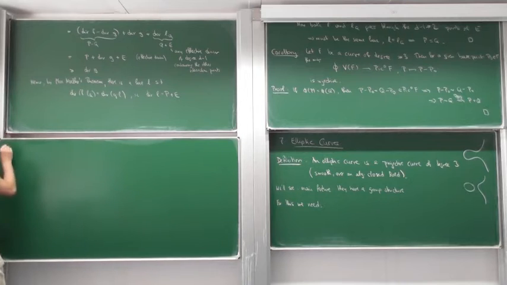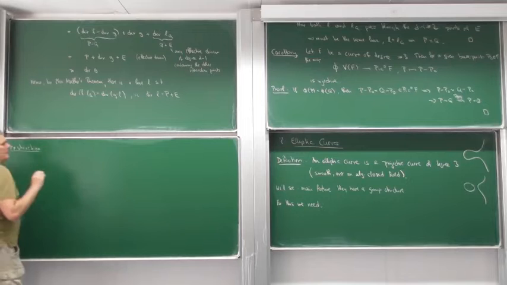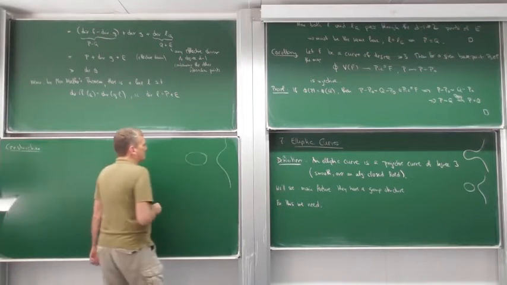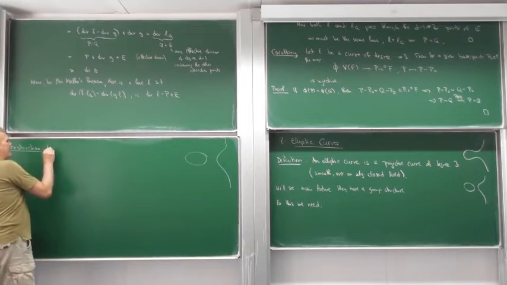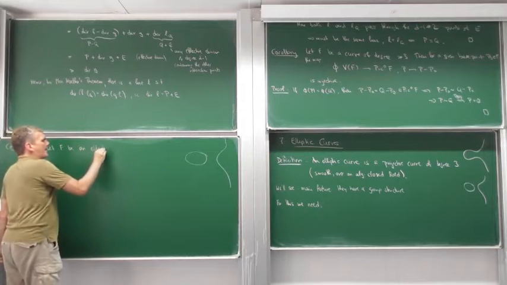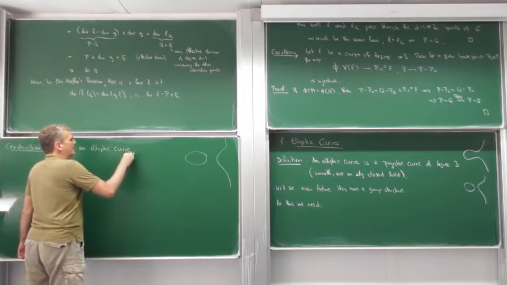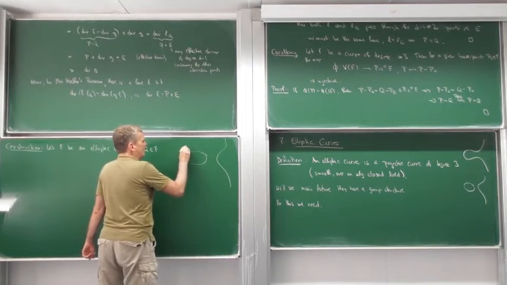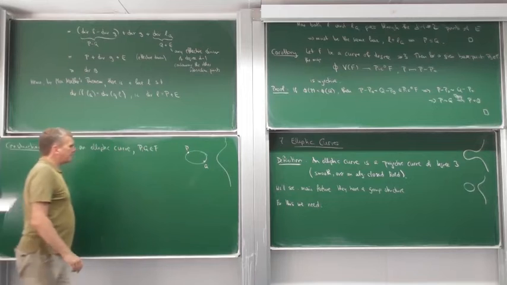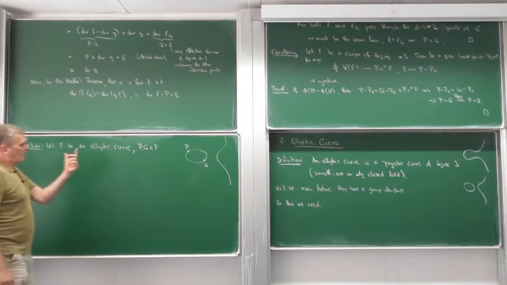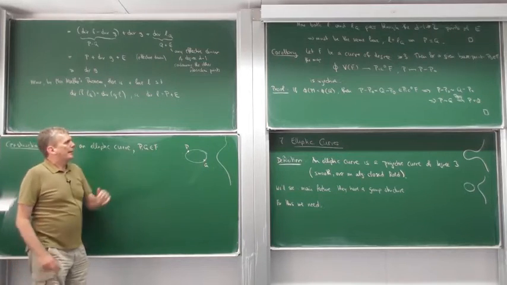So let me give this construction here. Maybe draw a picture. That might be a picture of the curve. Let F be an elliptic curve, and we have two points, P and Q, on F. Say there's a point P here, and a point Q here. Then there is a unique line through the two points, or if P equals Q, we have to take the tangent.